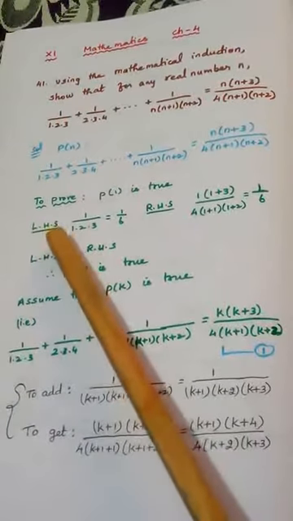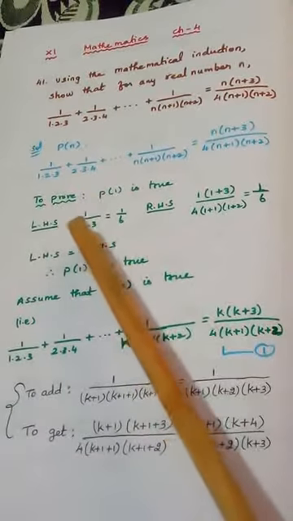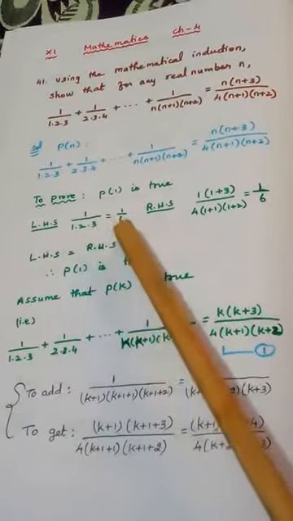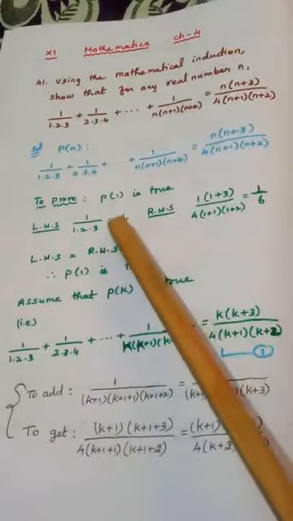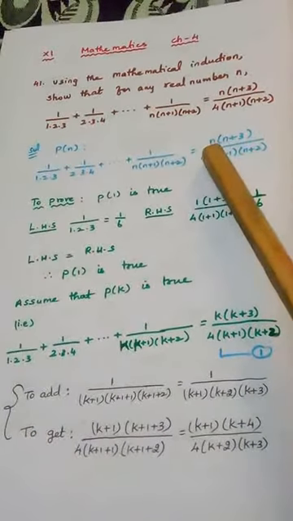So we will take the LHS. P of 1 means I should take only one term: 1 by 1 into 2 into 3. 2 into 3 is 6, so 1 by 6 is the value of the LHS. Now we calculate the RHS, which means in place of n you put 1.